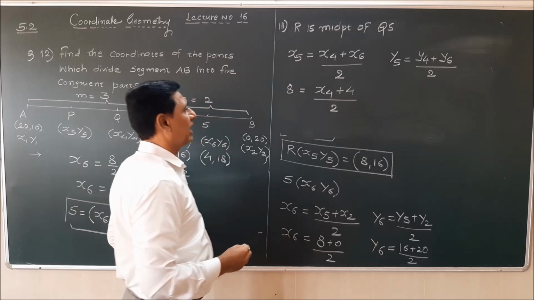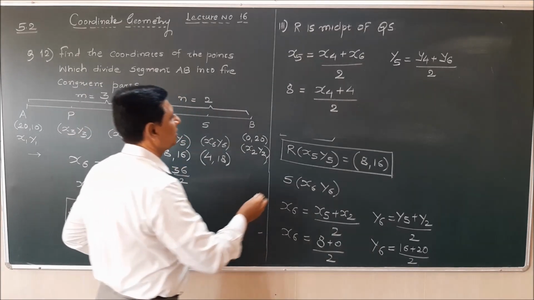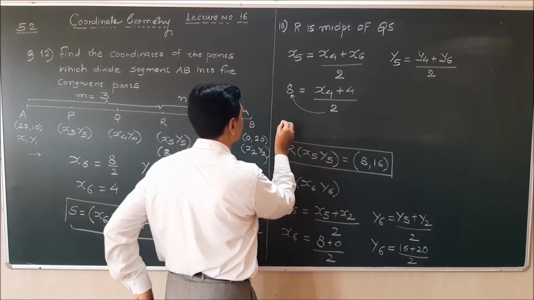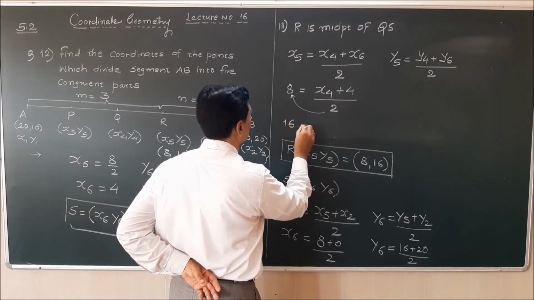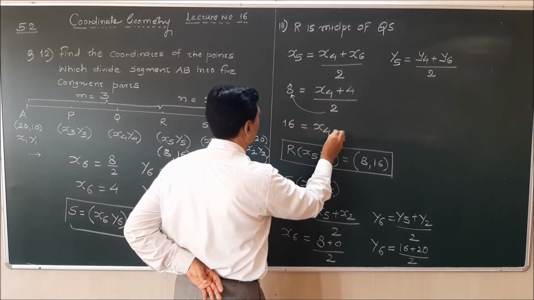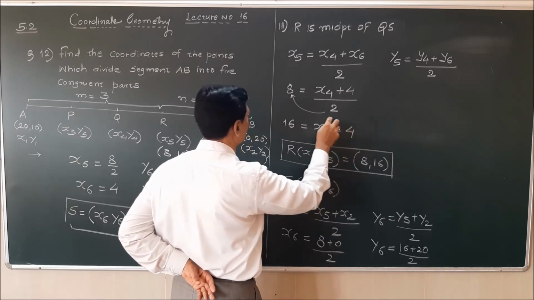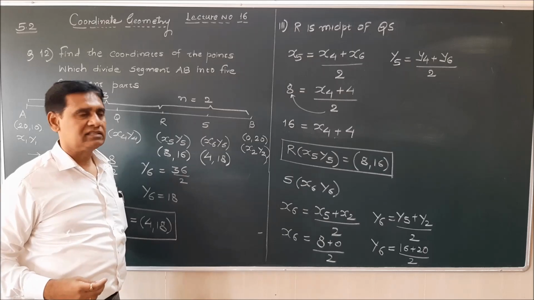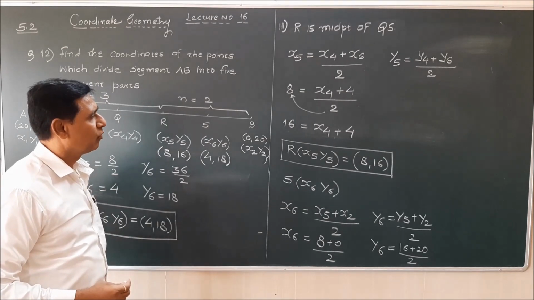So in very simple manner we can do this calculation. If I transfer this 2 to the left hand side, I will get 16 is equal to x4 plus 4. Please try to understand. 2 8s are 16 is equal to right hand side x4 plus 4.